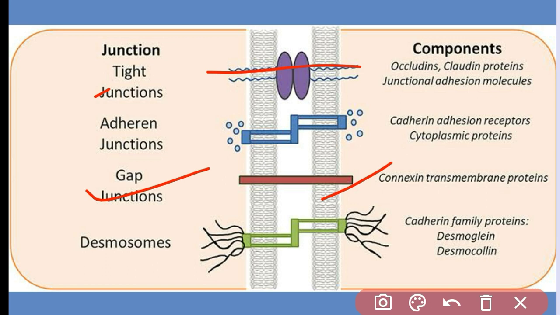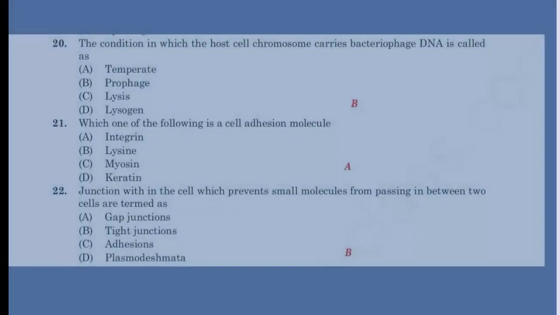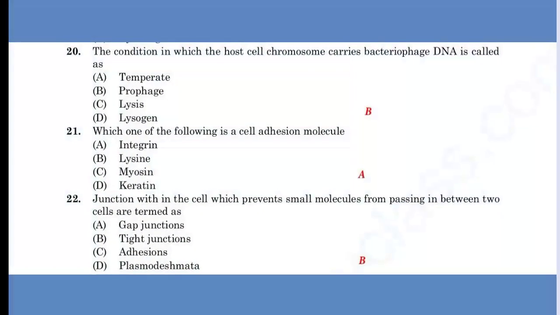Adhesions are bands of scar-like tissue that form between two surfaces inside the body and cause them to stick together. Desmosomes allow transfer of water from one cell cytoplasm to another. So the answer for this question, the junction within the cell which prevents small molecules from passing in between two cells, is termed a tight junction.